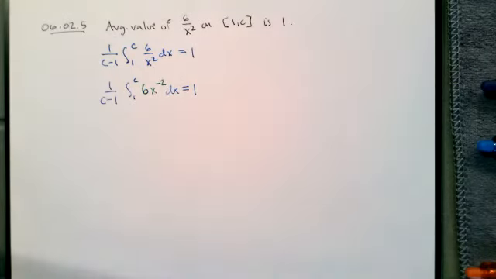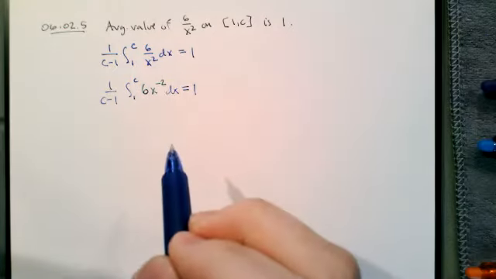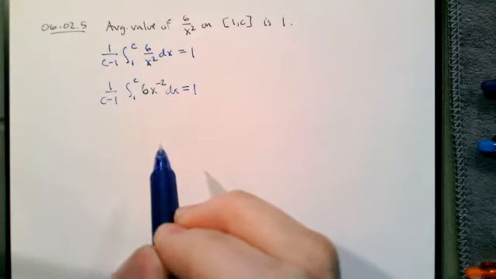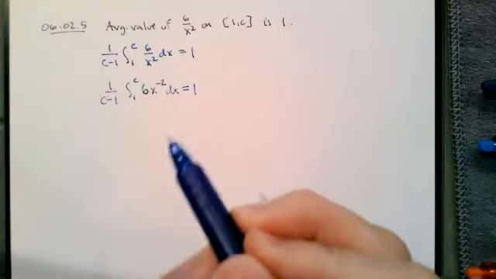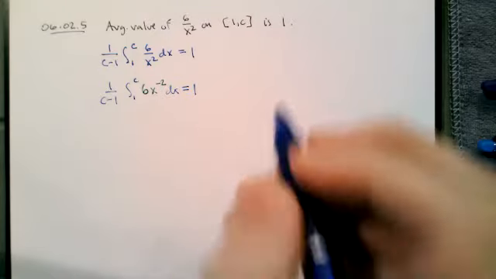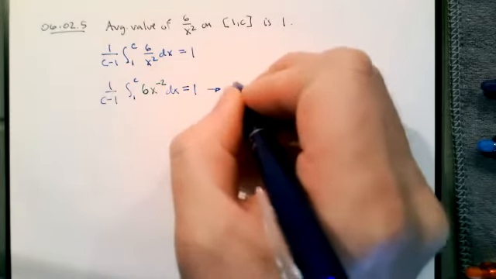Now I can find the antiderivative of 6x to the negative 2. It's just a power of x, so we add 1 to the exponent and divide by the new exponent. So 1 over c minus 1 is still there.